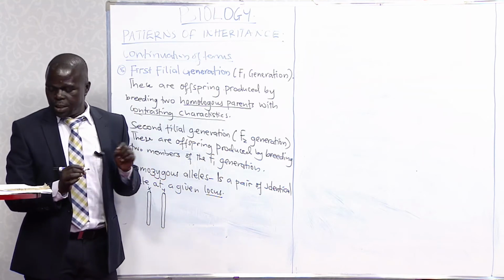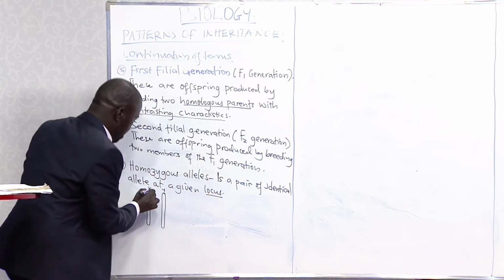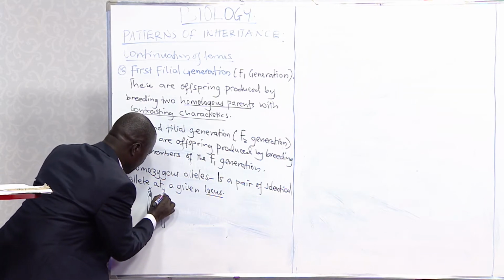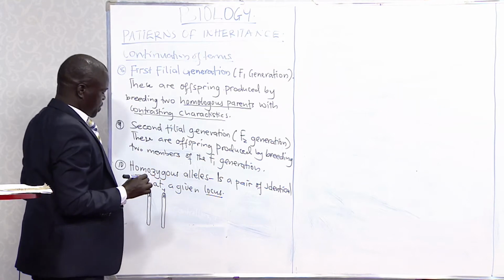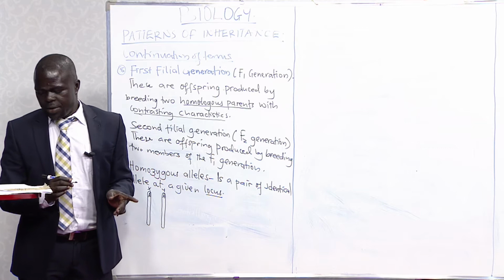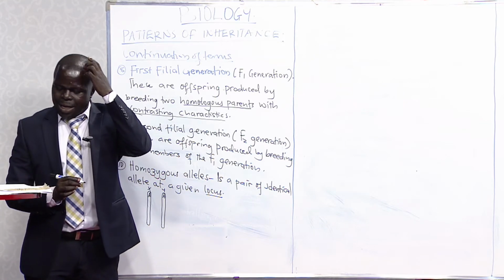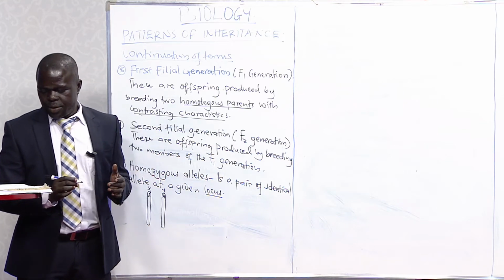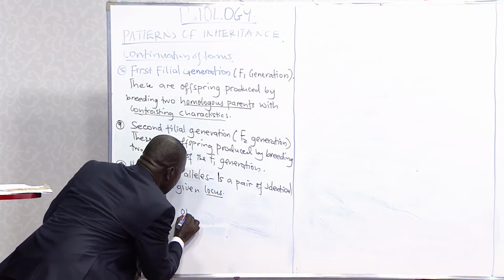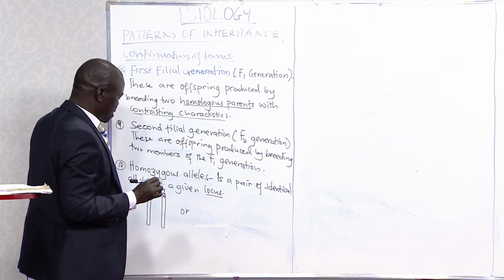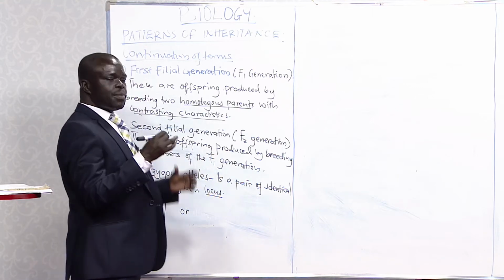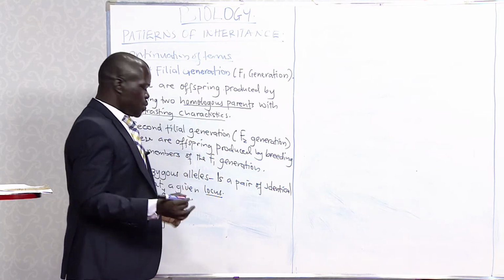If at this point we have A, and at this point also we have A, then X and Y are homologous in terms of the gene A. I said genes are represented by letters, either capital or small letters.